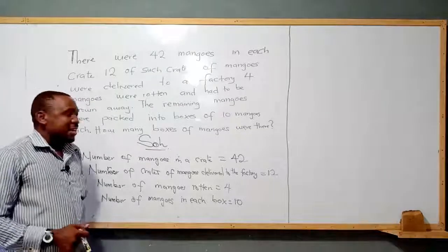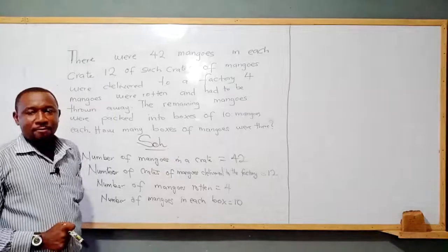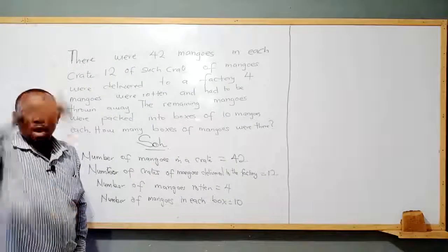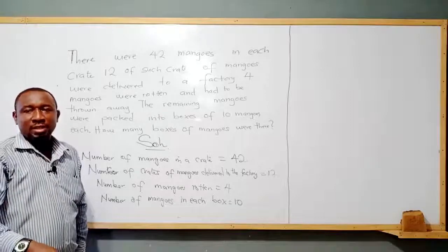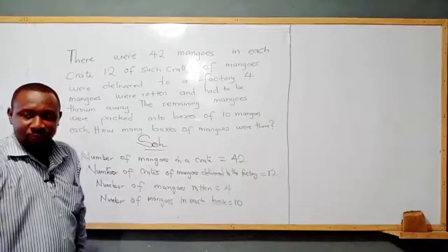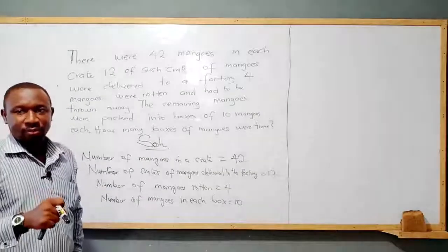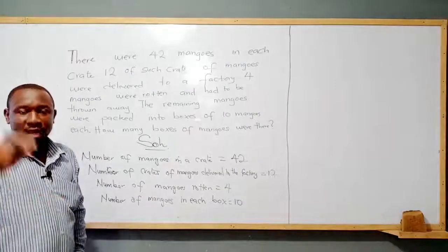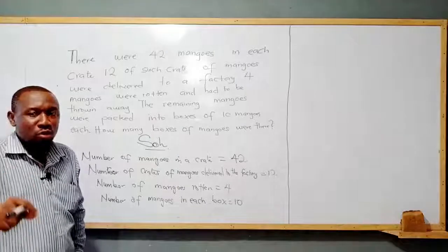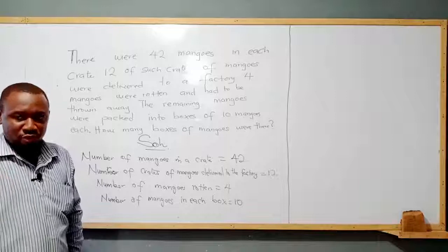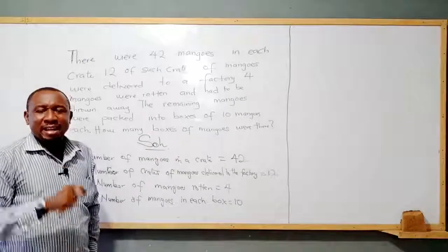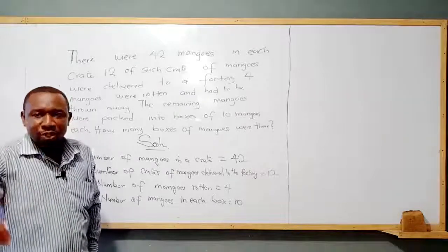Let's, in the first place, find out the number of mangoes that finally reached the factory. That is what we are going to find out. So how do we find the number of mangoes that reached the factory?